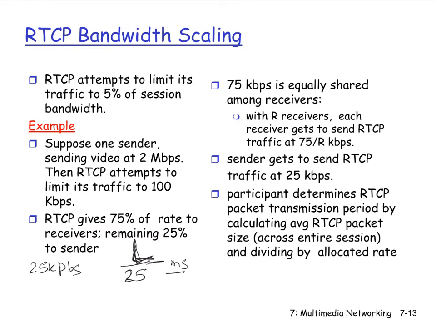But typically it's 75 versus 25 because for video conferencing, you have one sender and multiple receivers. If you have multiple receivers, it makes sense that the receiver reports will be more frequent, because the 75%, as we will see here, is divided amongst the number of receivers. But you know how we got this number, right?